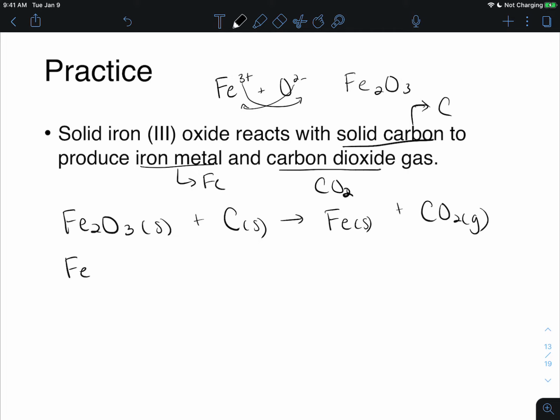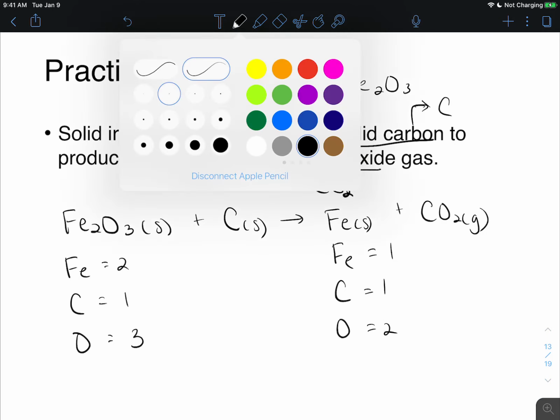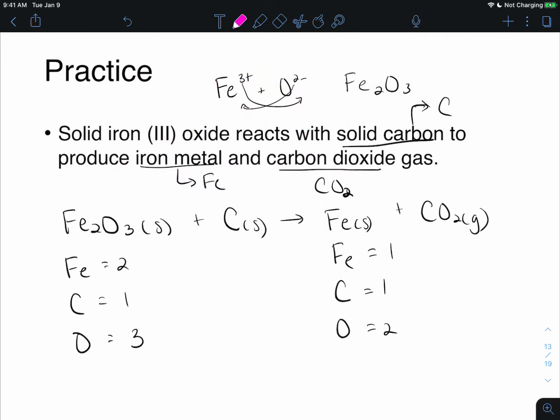So we have iron, carbon, and oxygen. 2, 1, 3, 1, 1, 2. Start out with our irons, put a 2 here. That gives us a 2 there. Then we mess with our oxygens. We have 3 oxygens here, 2 on the left side.